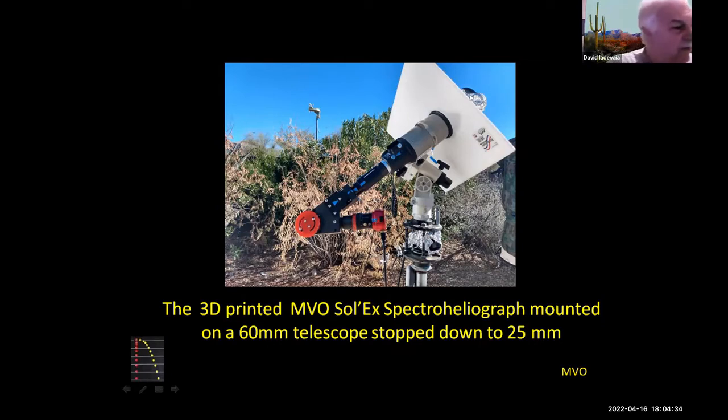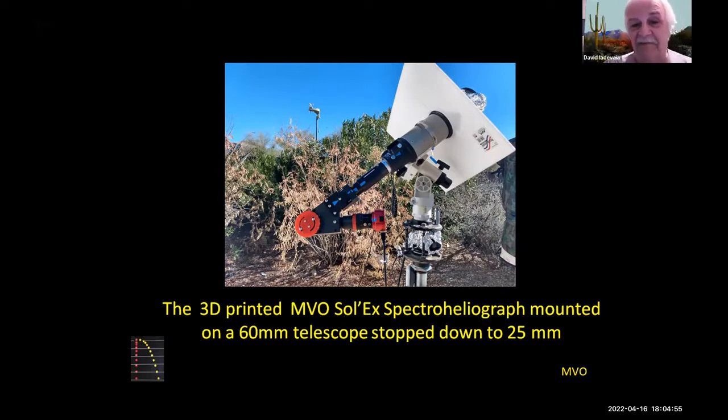So now what I had to do is stop this down. The sun is very bright, and we were just talking earlier about paint on a reflective surface and how you can generate an awful lot of heat if you're coming to a focus. Well, this is the same problem.